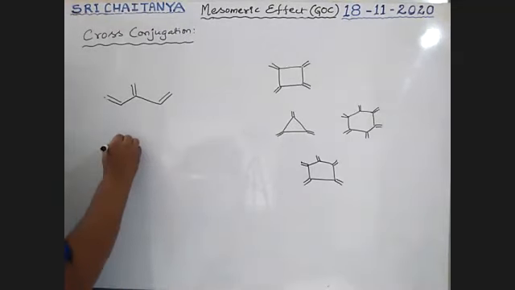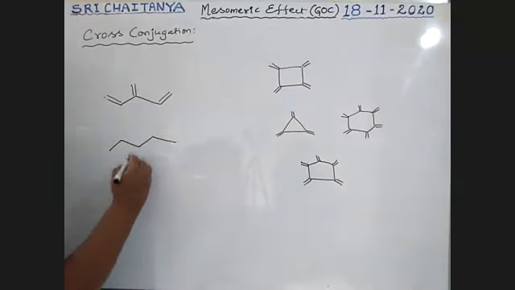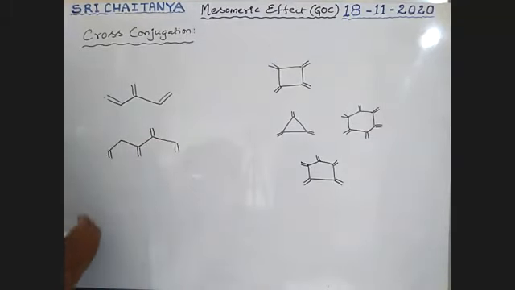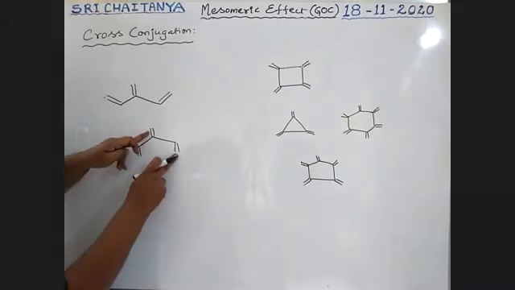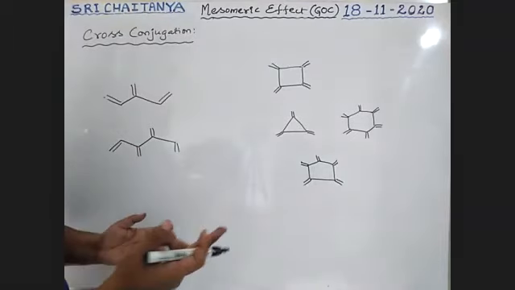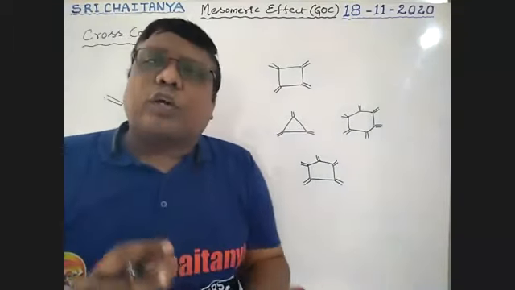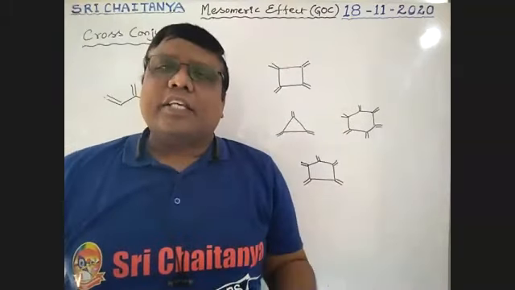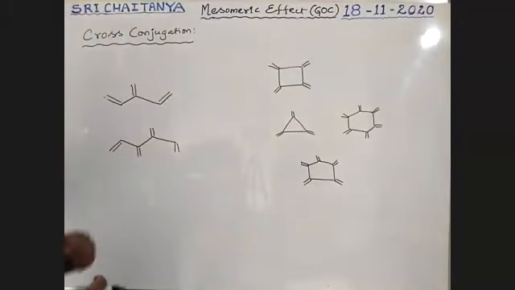Next. See here. These two only, or these two only. But one conjugated location is neglected. One or more conjugated locations are neglected. Others are only in conjugation. That is cross conjugation. Okay. Next.